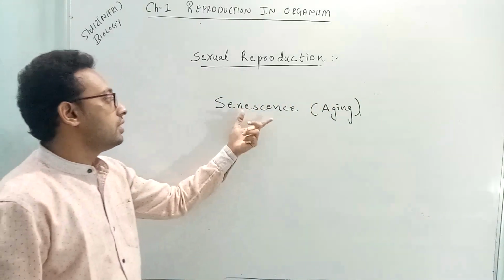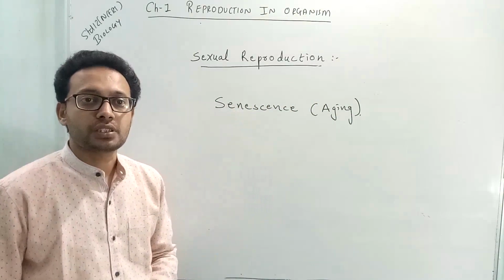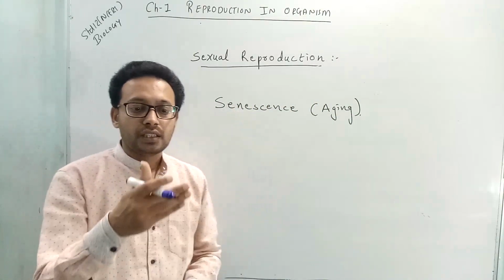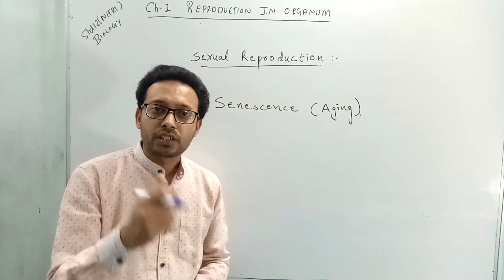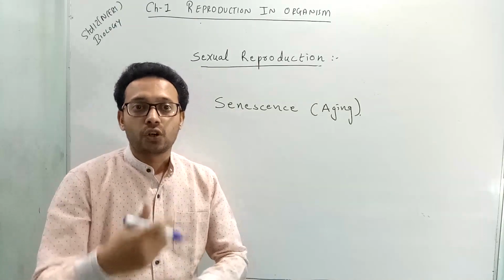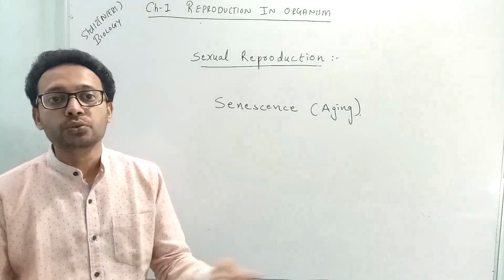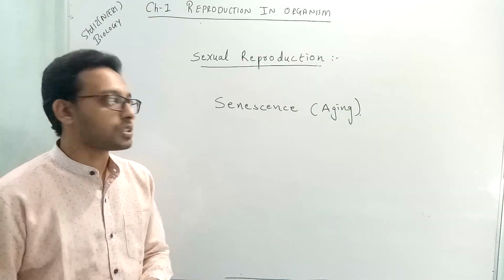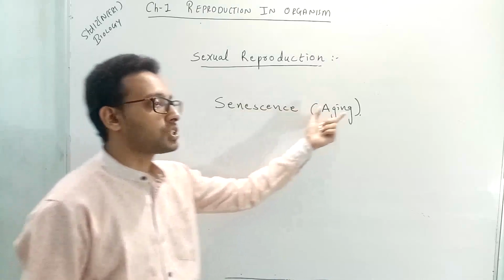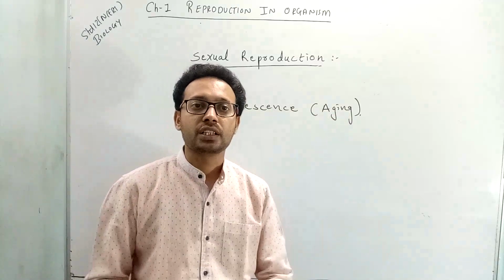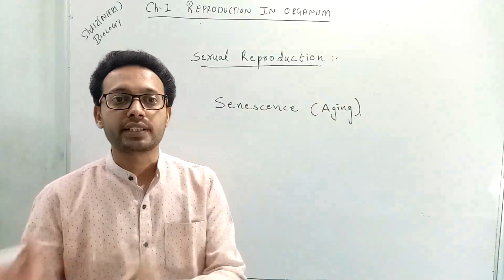So what is the aging phase or the senescence phase? Once the animal or the living organism which has the capacity of reproducing sexually now loses the capacity to reproduce, this is called senescence or aging. In short, it is an older age or older time.